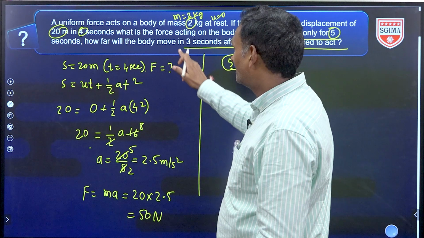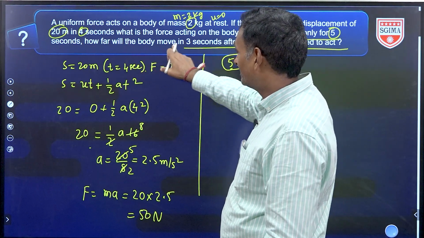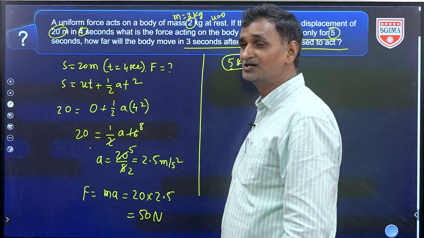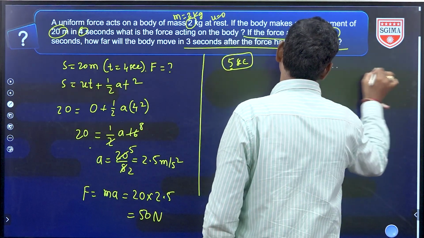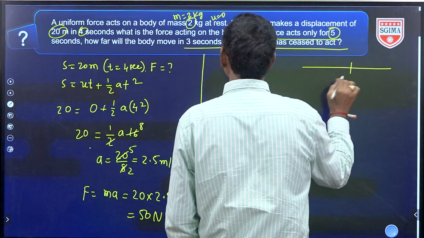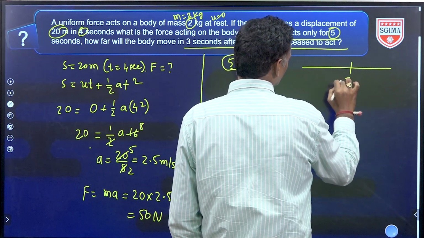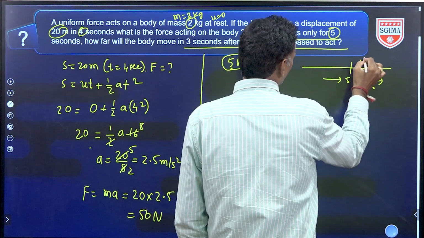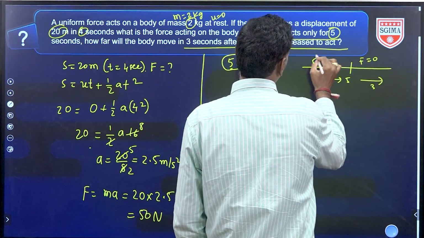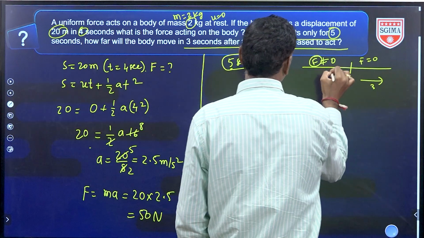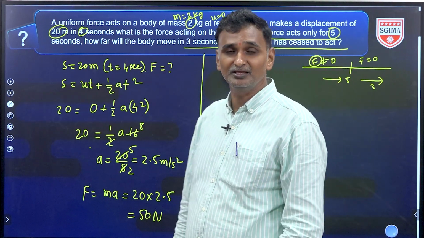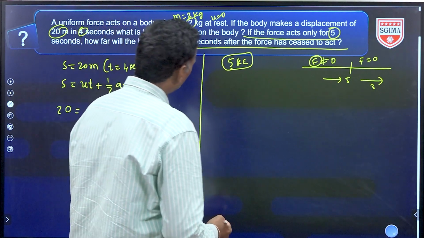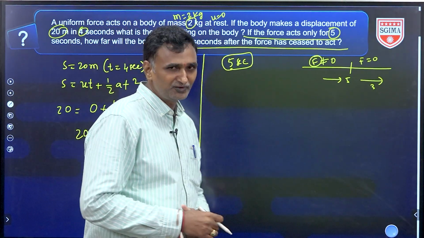So you need to get the concept here. Till the first 5 seconds, force is acting on the body, and in the coming 3 seconds, f equals to 0. So what is the speed of the body in these 5 seconds we need to find out.